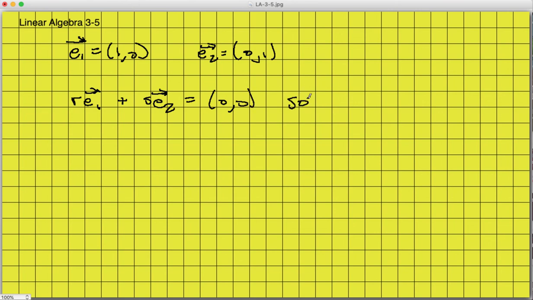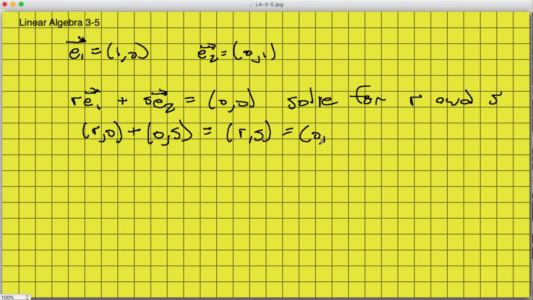Solve for r and s. Well, r times e1 is just (r, 0), and s times e2 is going to give me (0, s). When I add these two together, that's just equal to (r, s). And if that equals (0, 0), the only solution would be r equals 0 and s equals 0. Okay? So that means these two are linearly independent.